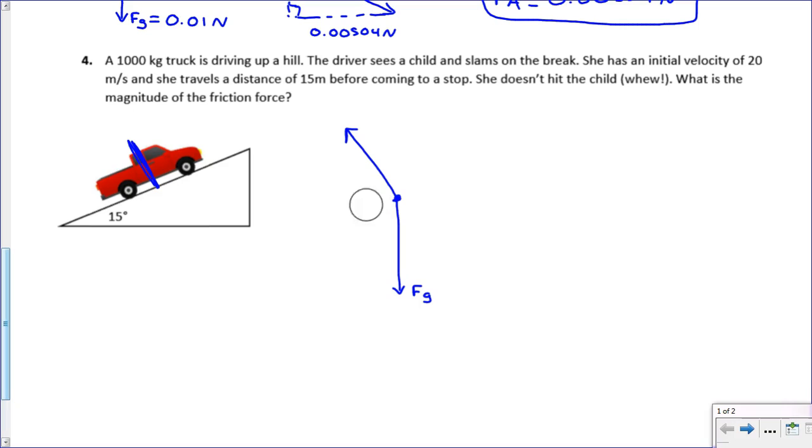So I'm going to try and get this a little bit better. That is slightly better. Okay, there's a friction force here, Ffr. This is Fn. Those are the forces that we have acting on this truck.